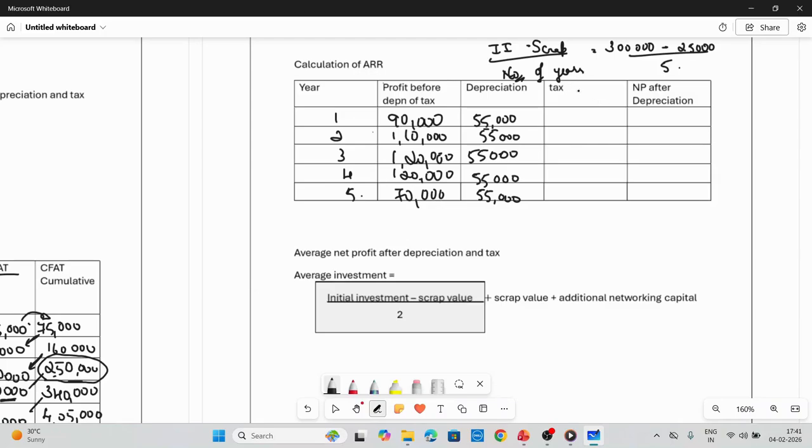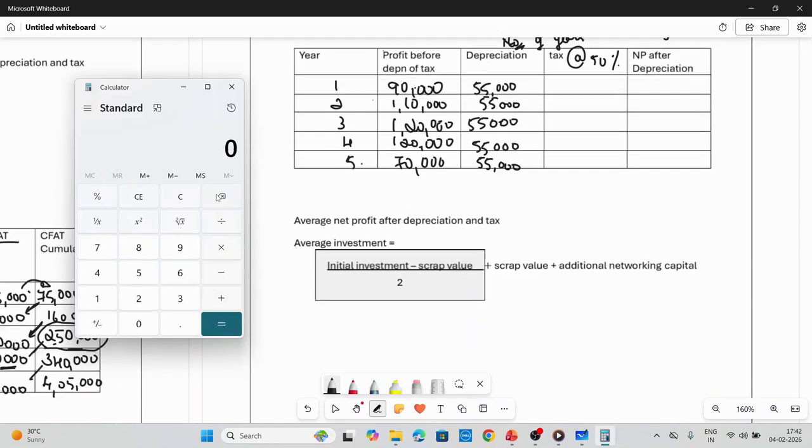And tax. What's the tax percentage? At 50%. Deduct 50%. Now let's calculate tax, deduct tax at 50%.